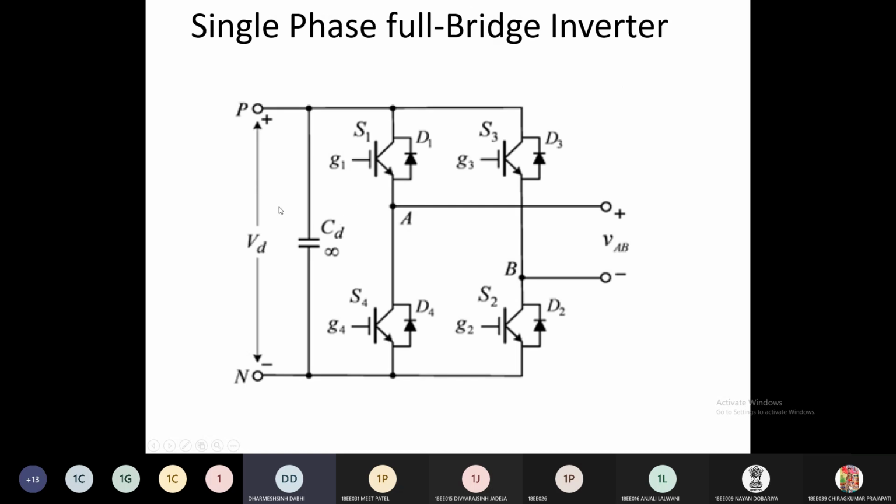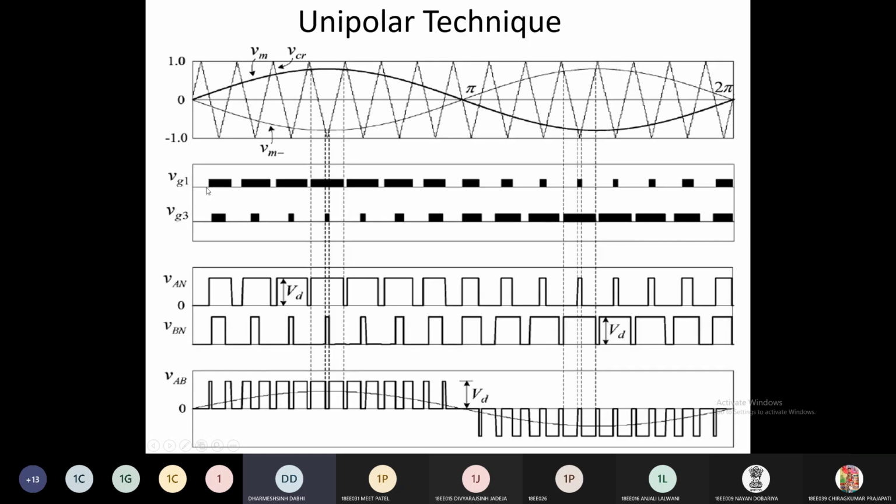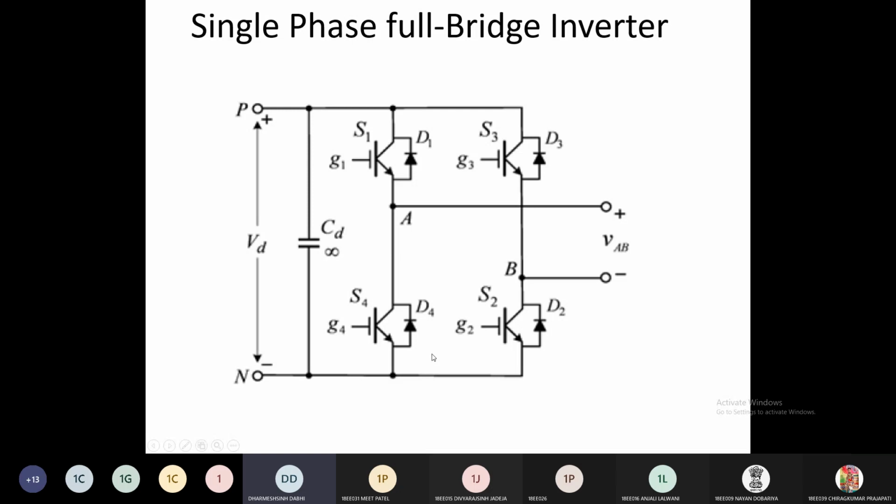Now, exactly the inverse of this VG1 is applied to switch number 4. Why? Because S1 and S4 must be turned on in complementary fashion. Suppose both are turned on at the same time. If S1 and S4 turn on at the same time, what will happen?